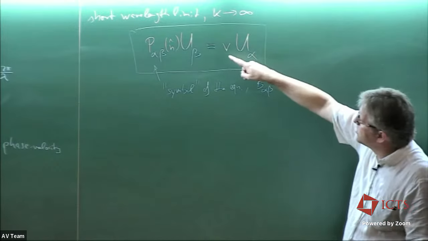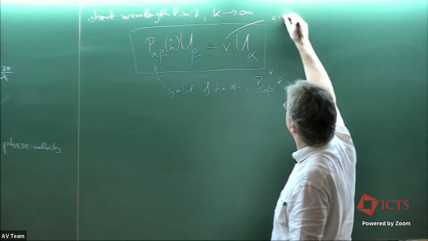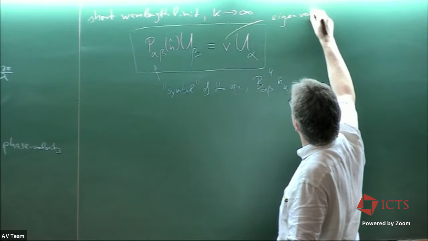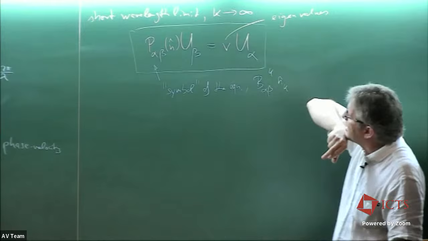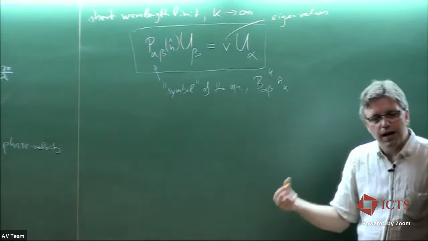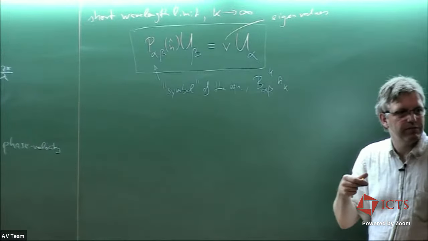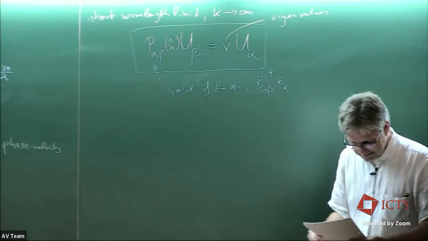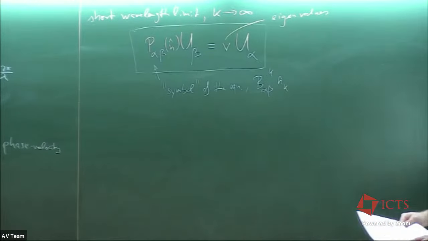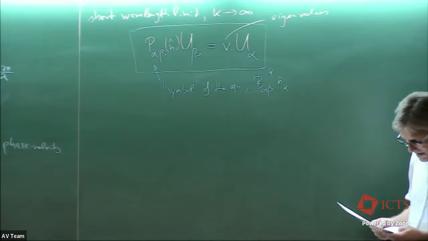The eigenvalues are the velocities. And the eigenvectors are the distribution of how each of our variables is being excited in this traveling wave. And so at this point, we can make a few statements about classification of hyperbolic equations.